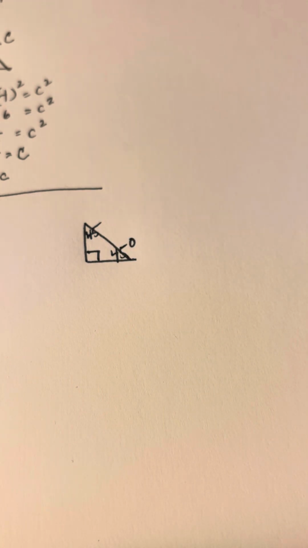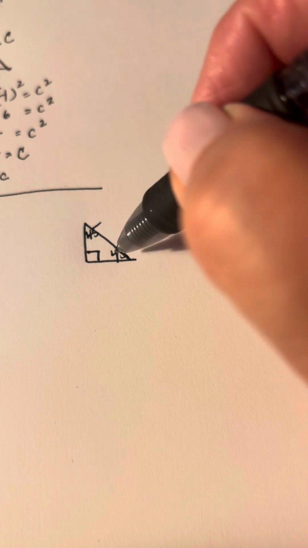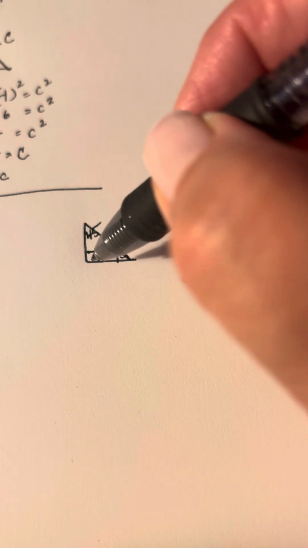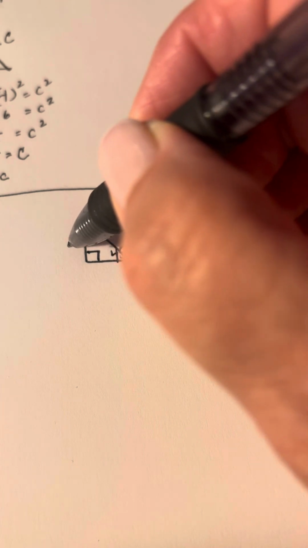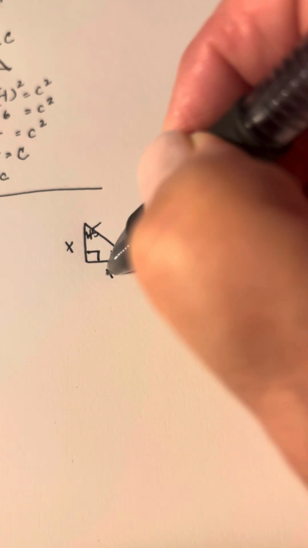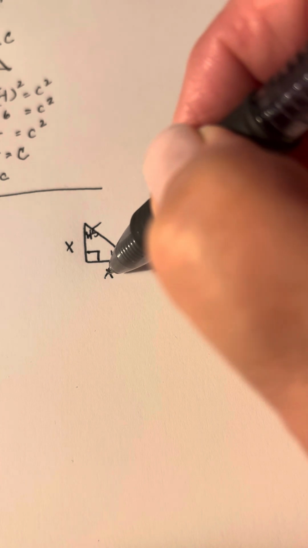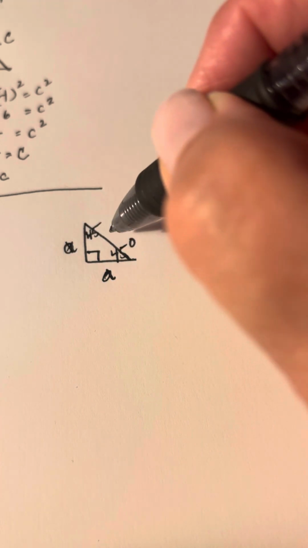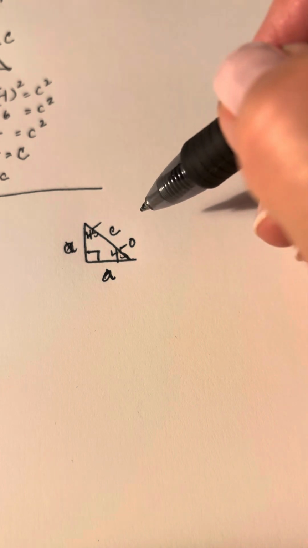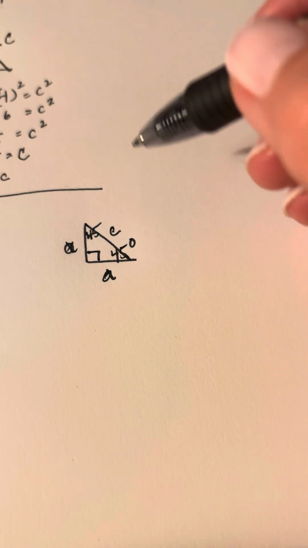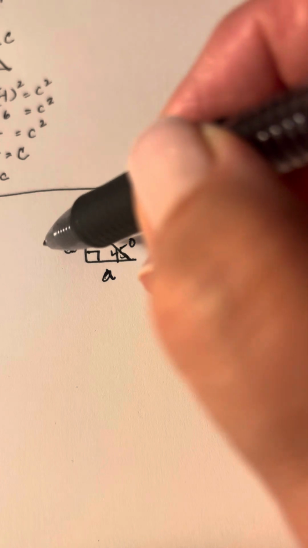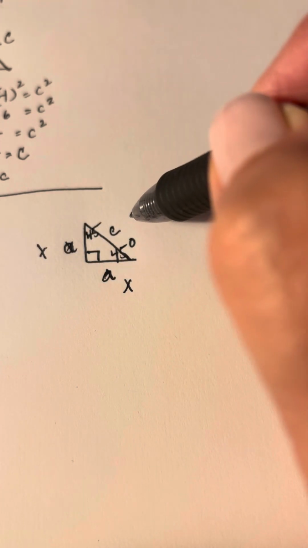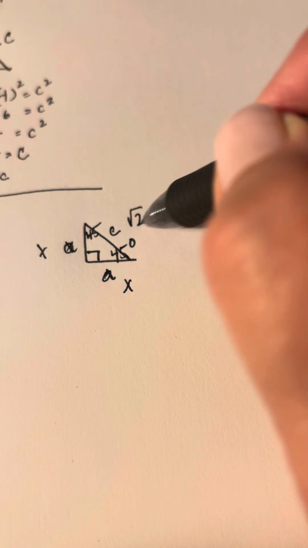The reason that this one is special is because if this angle opens up the same amount as this angle, these two sides have to be equal. So these can both be A if you like. And then this is C because it's across. So they're telling you that these sides are related by X, X, and the square root of 2.